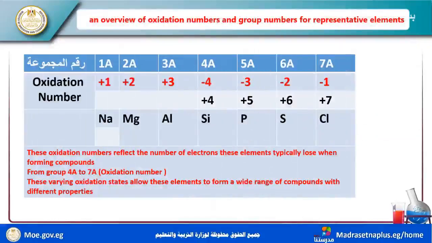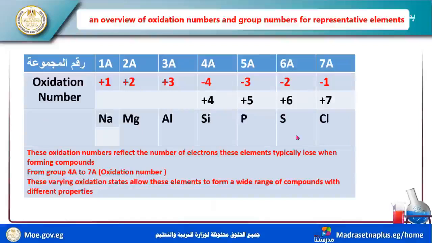We have another fundamental to determine the oxidation number of any atom in its molecules. We have the oxidation number by group: 1A, 2A, 3A, 4A, 5A, 6A, 7A.